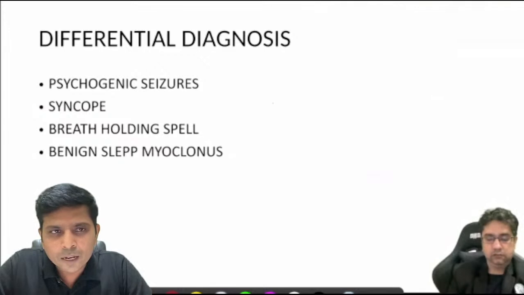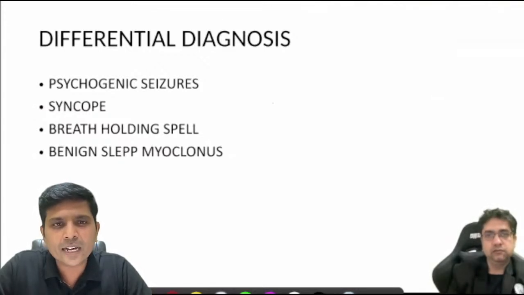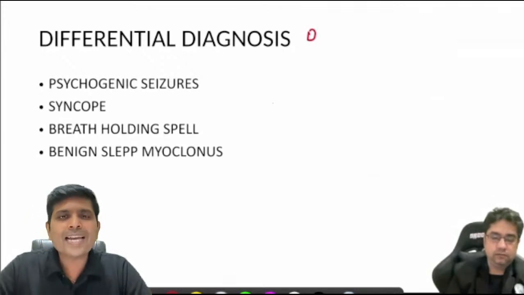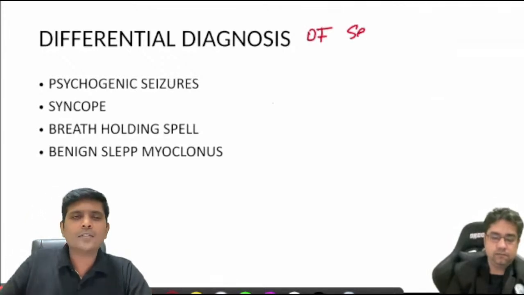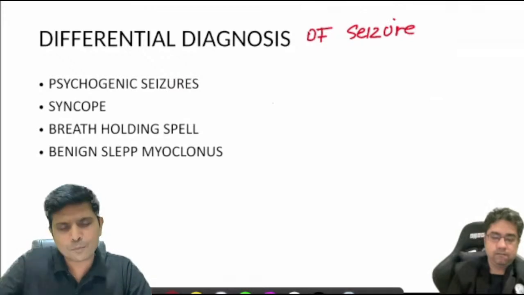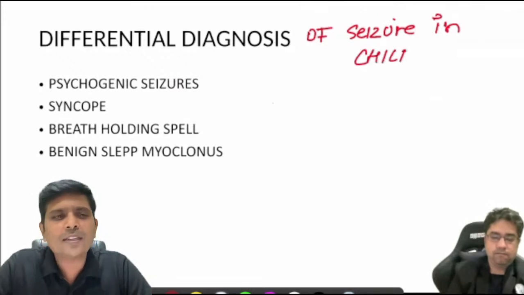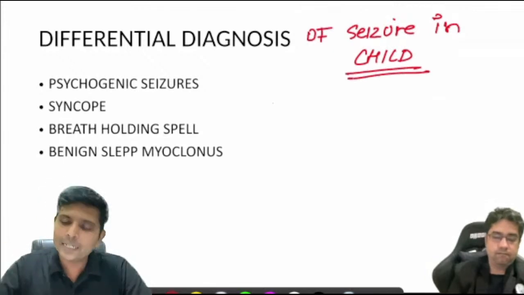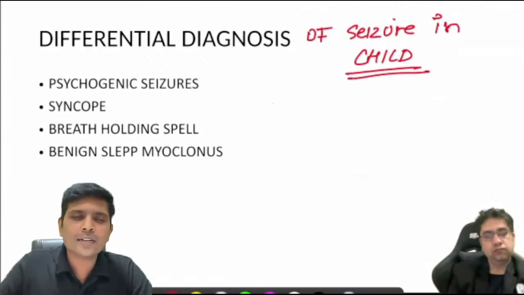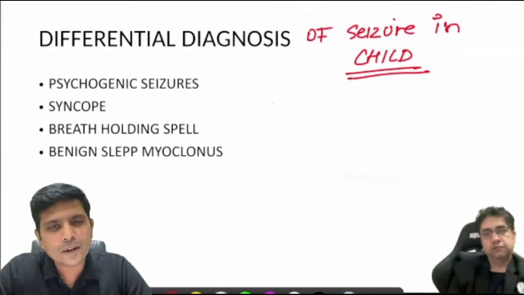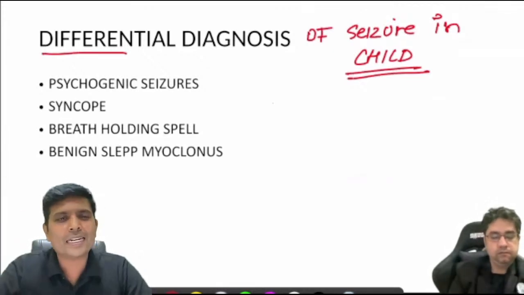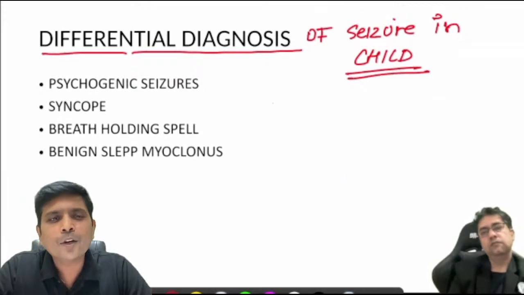Not all abnormal movements, my dear friends, should be considered as seizures. Psychogenic seizures: you all know adolescent girls are prone, I'm extremely sorry, it is more common in adolescent girls. How do you know the child is throwing simply? He or she knows that the voluntary movements are made by him. It is not due to abnormal electrical activity of neurons.